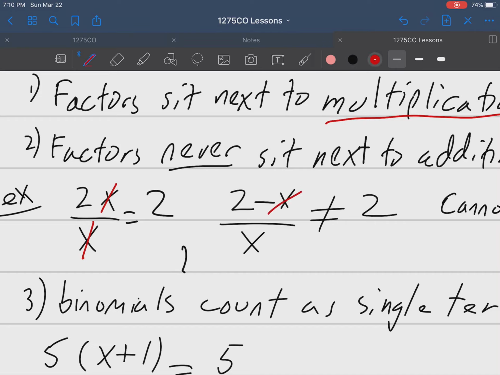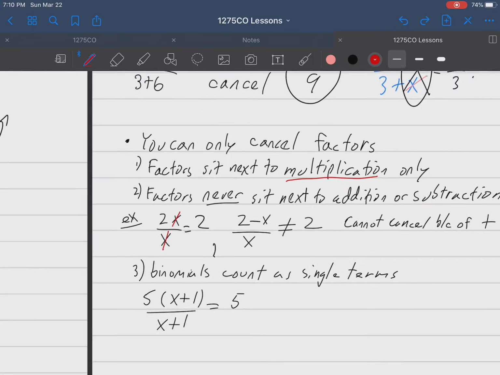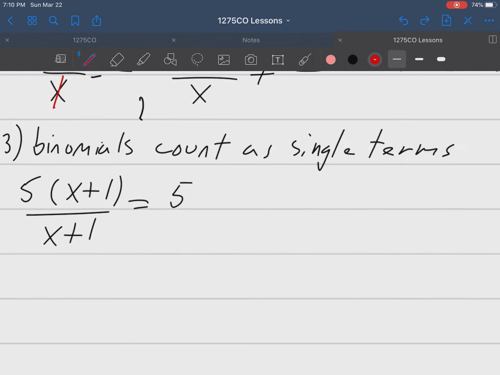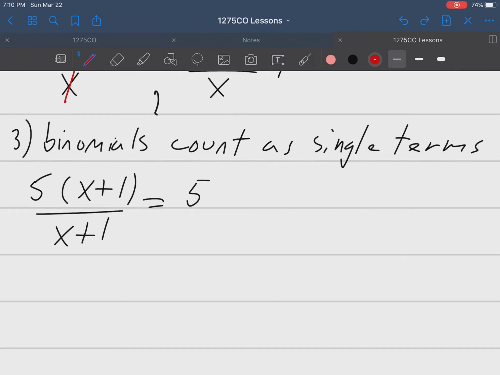These x's here do not cancel out. That is not true. So you leave it alone. And one thing about factors is that binomials, such as x plus 1, right over here, constitute a single factor. So if we were to try to reduce 5 times x plus 1 over x plus 1, in fact, these x plus 1s entirely can cancel, and our answer is simply just 5.